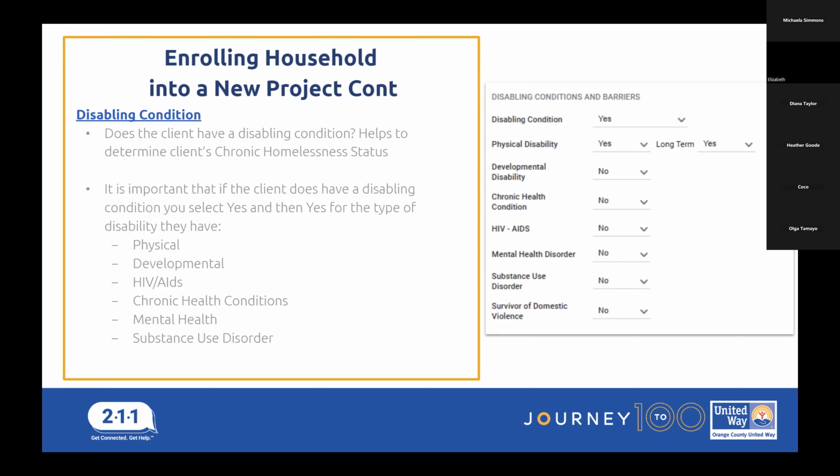The disabling conditions we have listed are physical, developmental, HIV and AIDS, chronic health conditions, mental health, and substance use disorder. If you select yes for physical, chronic health, or mental health, it will ask you to specify whether it is long-term or not.